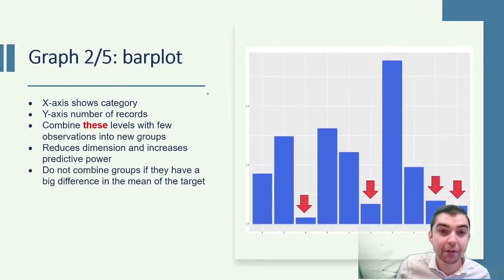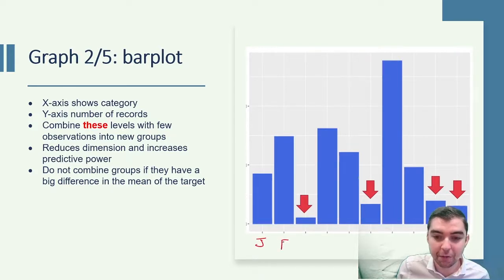The next type of graph is the bar plot. This shows a category on the x-axis and the number of records on the y-axis. When you look at bar plots, you should combine the levels from groups that don't have a lot of records. Let's say that I was looking at the month of the year.